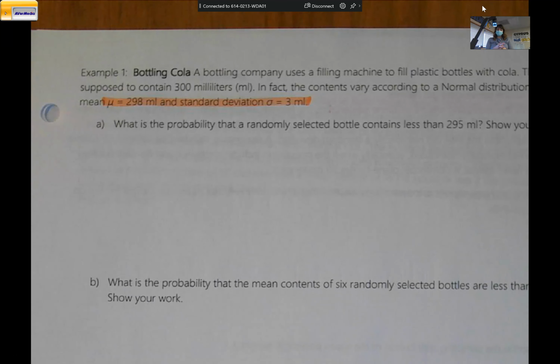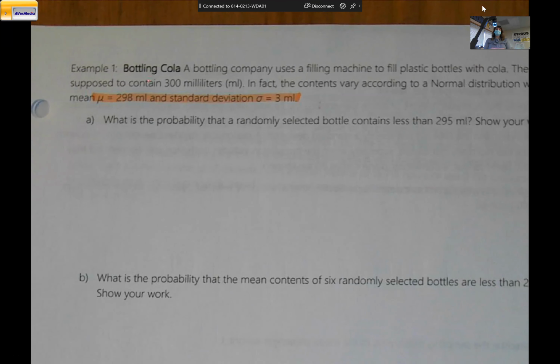First question is, what is the probability that a randomly selected bottle contains less than 295 milliliters? So I'm assuming that would be too little. Like that would be, what's a different way of saying that? That would be not enough cola to send to the distributor. It would be too low.